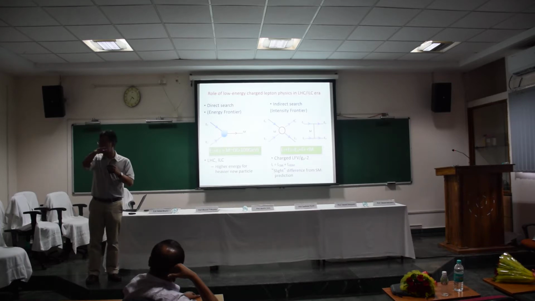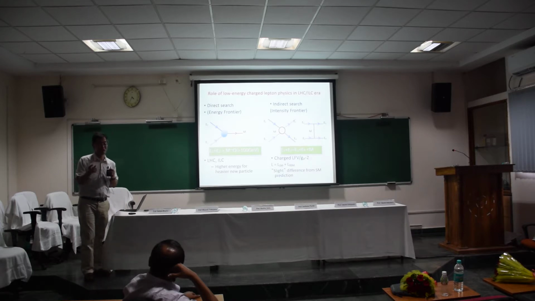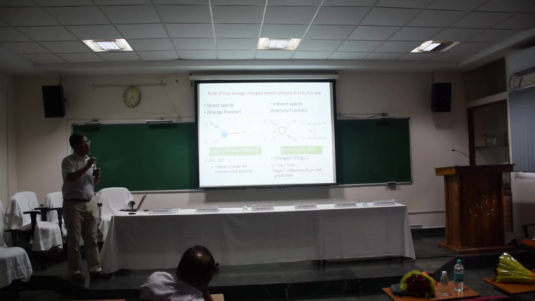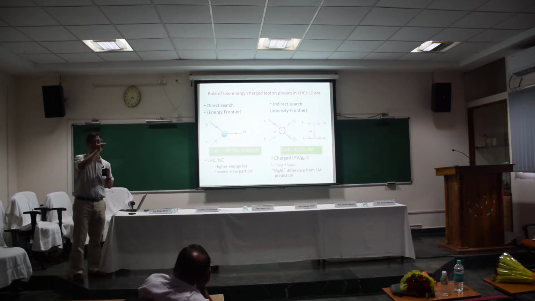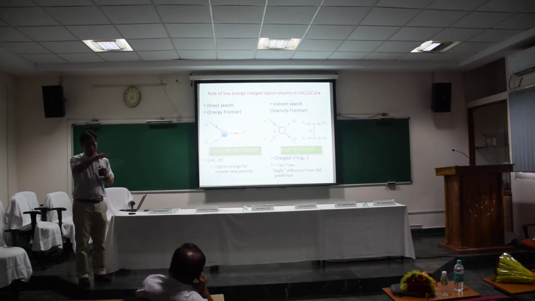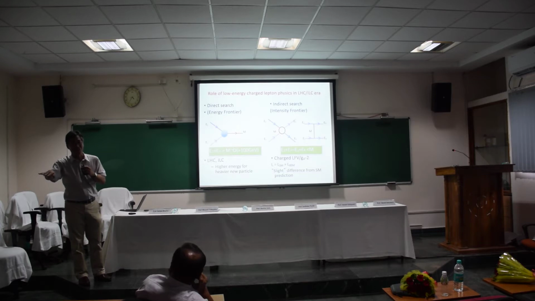That is called a disappearance experiment. That is very difficult in the sense that it is very important to know the absolute number of original neutrinos, because you need to detect the decrease of the neutrino.